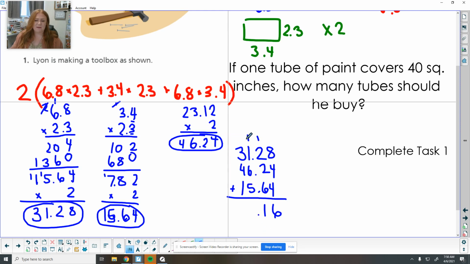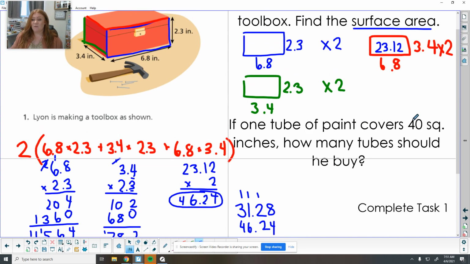Here's 11, 12, 13. And 4 makes 8, and one more is 9. So our surface area is 93.16 inches squared because we could unfold that flat. We're just finding 2 dimensions at a time. So even though, yes, we found all of the different pieces, at a time we only used 2 of them. 2 here, 2 here, 2 here.